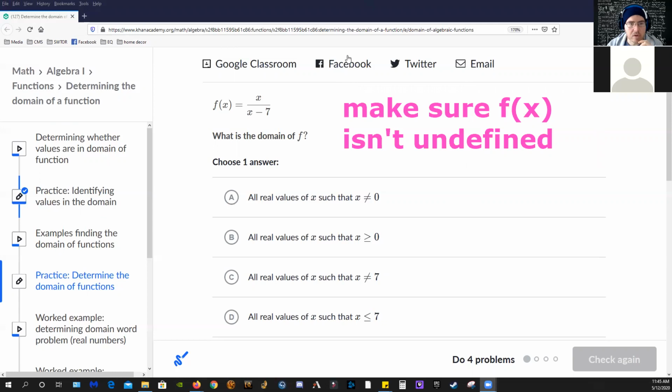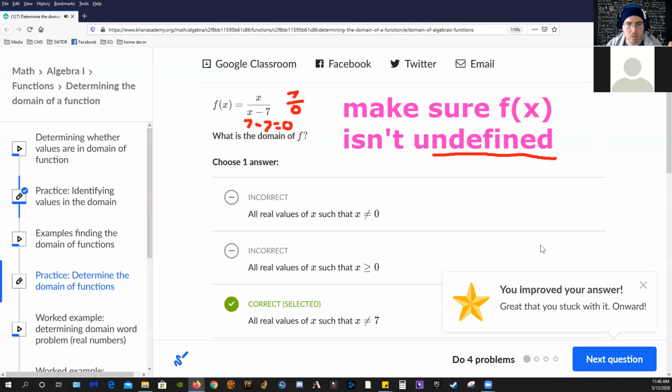Because if 7 was in the x spot, we'd end up with 7 over 0, which is undefined. So x cannot be 7. So as far as I'm concerned, I'm pretty sure this is the answer. Because as long as x isn't 7, it'll come out to be just a number, and it's fine. Yeah, okay. So cool.